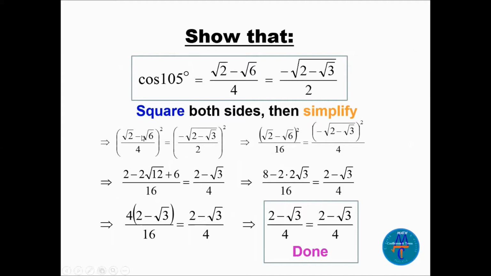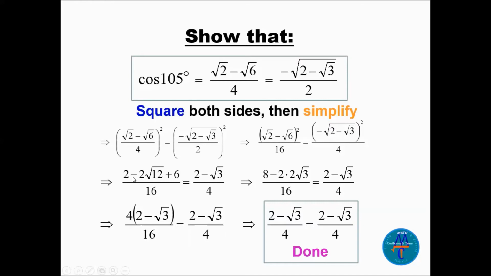Square this one, split this squared, square all this as a perfect square trinomial, divided by 4 squared, which is 16. When you square this side, the minus will go. 2 squared is 4. This one you have to use the formula a minus b all squared: a squared minus 2ab plus b squared.